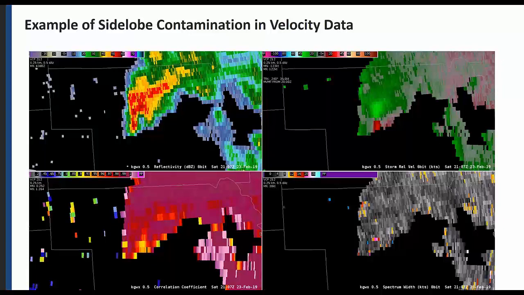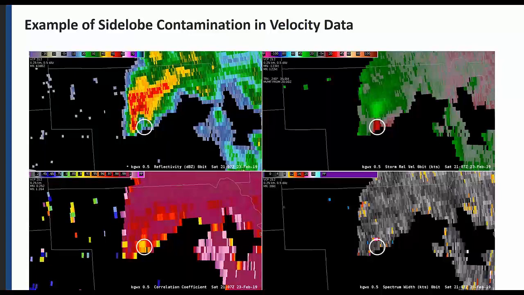If you quickly look at that velocity data, you can see there is a general cyclonic pattern. The problem is that the outbound part of that couplet is located out in the clear air area on the inflow side of the storm, where there's not a whole lot of power return, and these locations are the ones most susceptible to side lobe contamination just because of the nature of the radar antenna pattern.